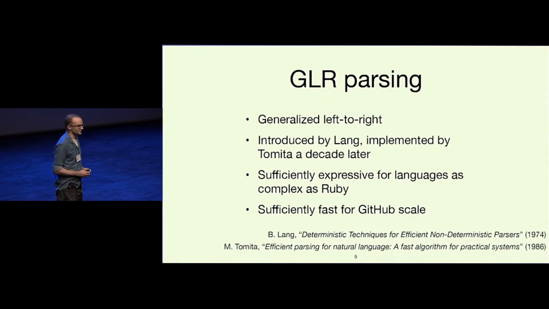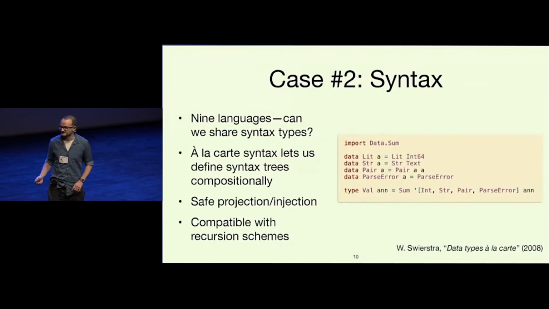But we're happy to report that TreeSitter, combined with a custom lexer, that's a fairly small C program, is capable of handling all of the 9 languages that we've chosen to parse, and that the generated C code is fast enough to be integrated into a high-performance service, servicing the entirety of GitHub's user base.